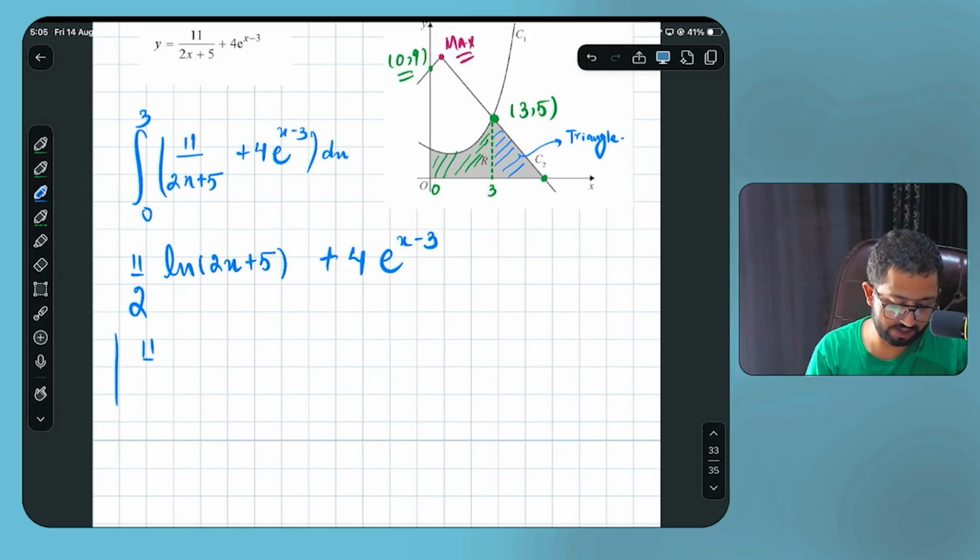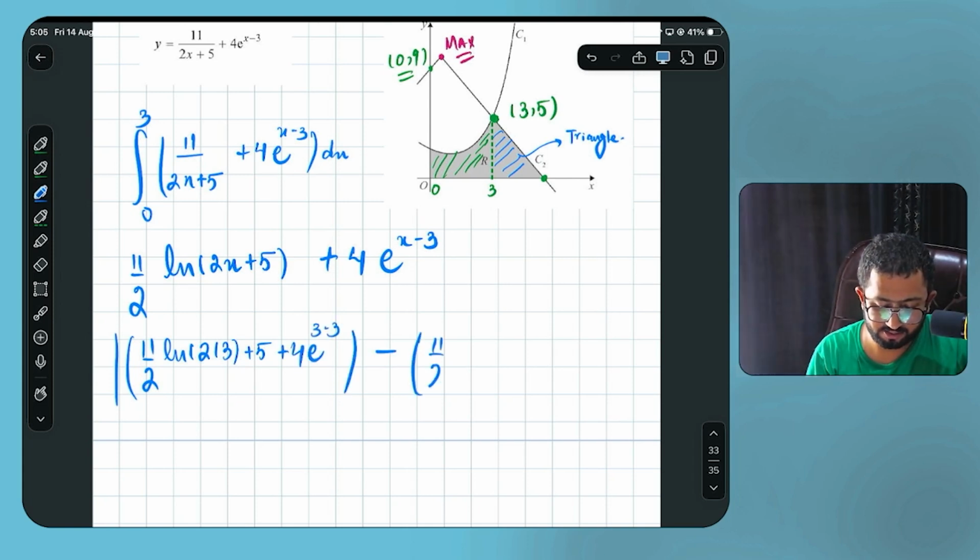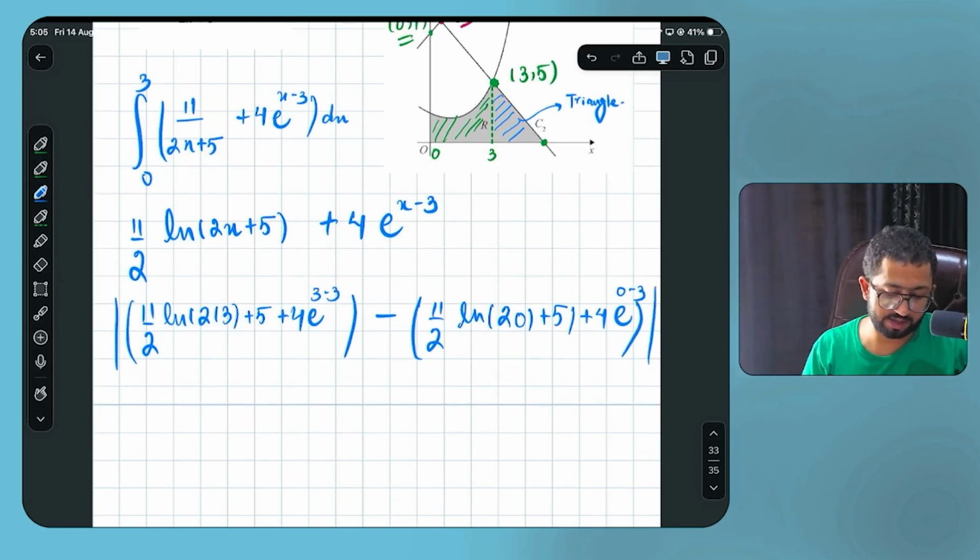Put upper limit minus lower limit. Lower is 0. Make sure you put brackets and now put it in your calculator to get the final answer. Just directly put it in your calculator.